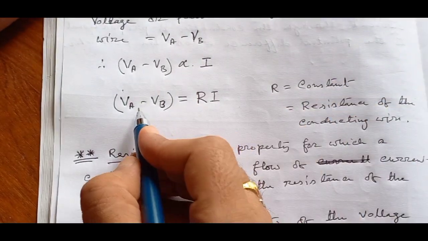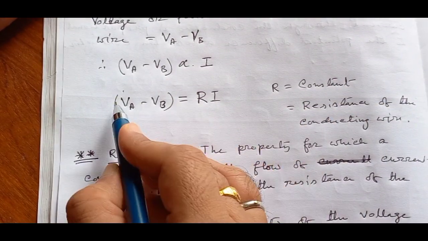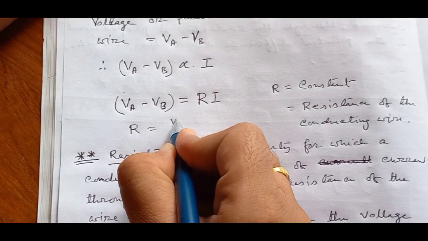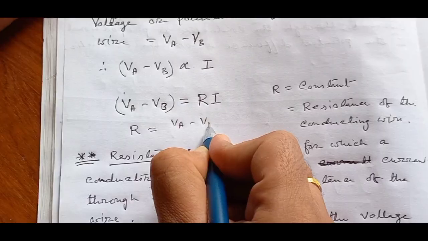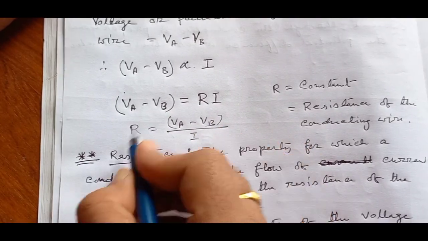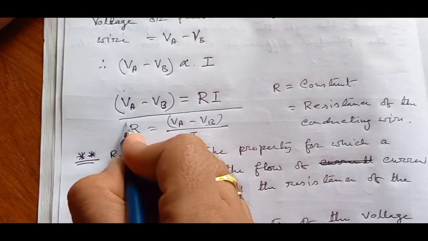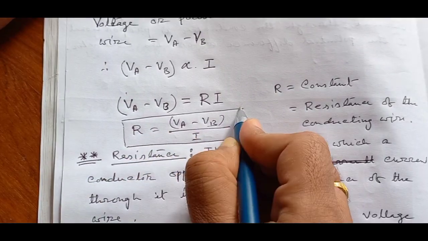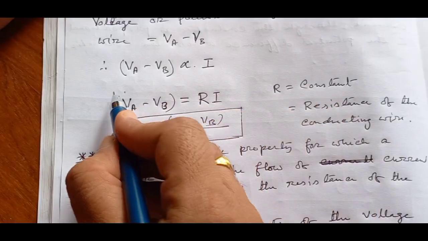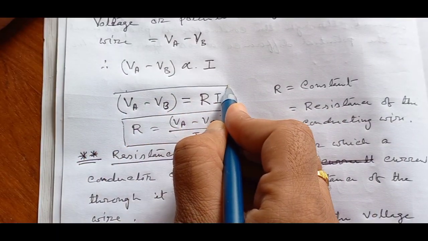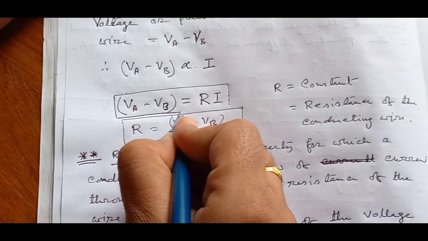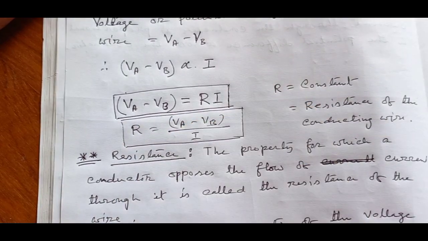Now, if we simplify this equation, R is equal to VA minus VB by I. Therefore, this is the equation of resistance of the conductor or the conducting wire, and this is the basic equation derived from Ohm's law.